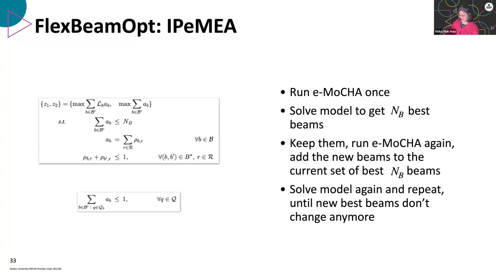So we will add these 250 beams together with the 100 beams that we collected last time. Now we have 350 beams. We optimize using this integer model, and then we do it again and again and again. So it will become slow for larger problems, but it does have this evolutionary aspect of it.